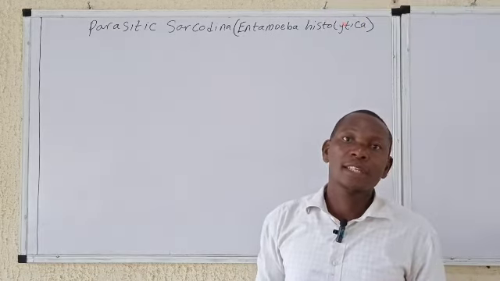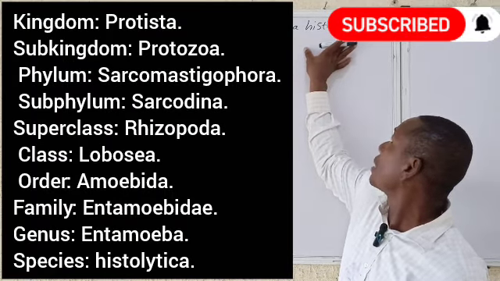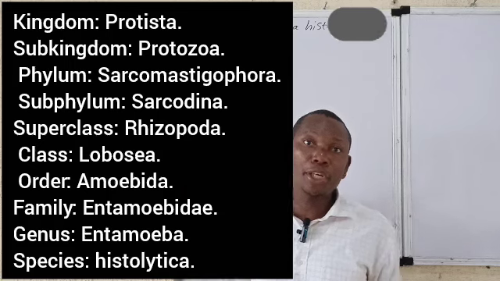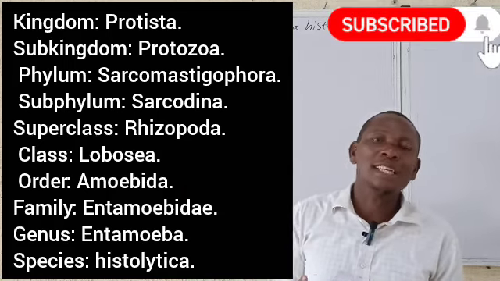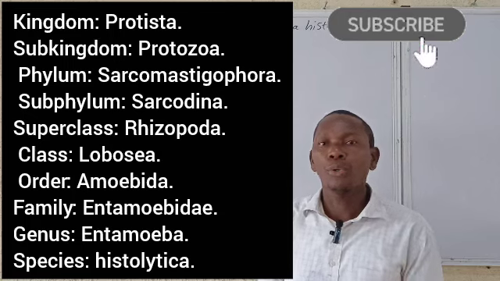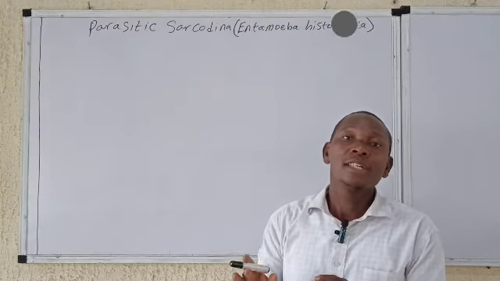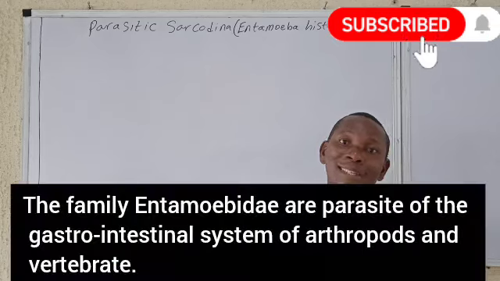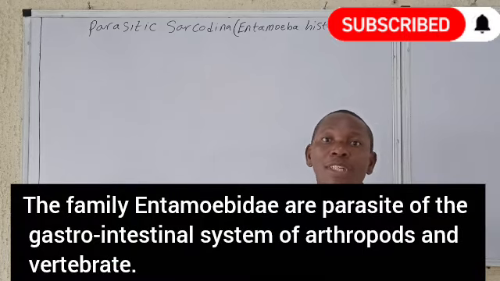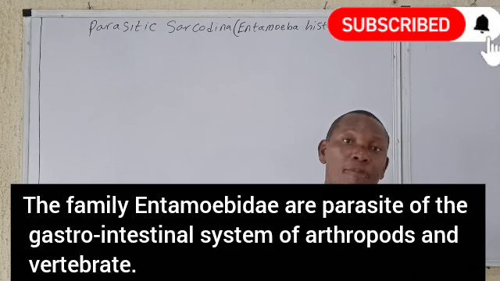All right. The classification of the Entamoeba histolytica is actually being displayed on the board, and we realize that they actually belong to the family Entamoebidae. Now, what is unique about this family Entamoebidae is the fact that they are actually parasitic to the gastrointestinal system of arthropod and vertebrate.